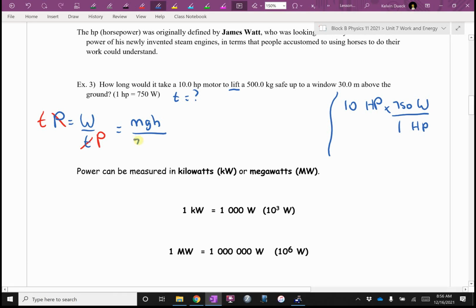Okay, my units are all good now. I checked the rest. It's all meters and kilograms, and there's no grams, there's no centimeters. So it's going to be m g h. How long will it take?